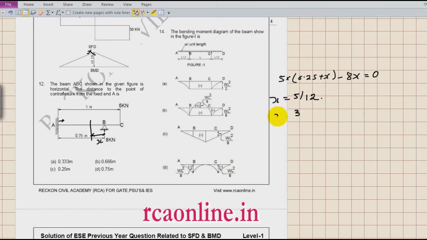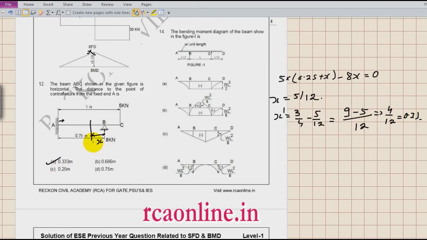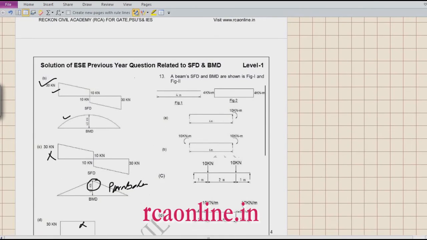Clear? Now x dash will be 3/4 minus 5 by 12. So how much will I get? I will get 0.33. So 0.33 is the answer. Is it okay? So this is a numerical, simple.